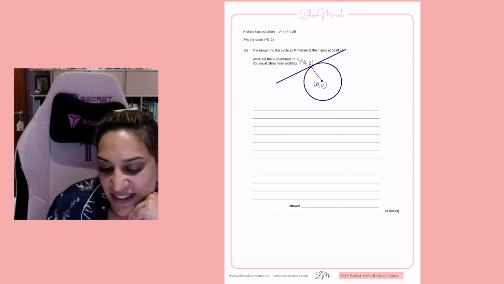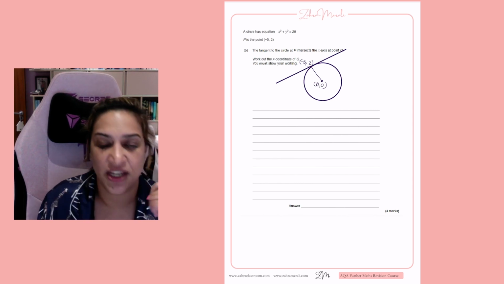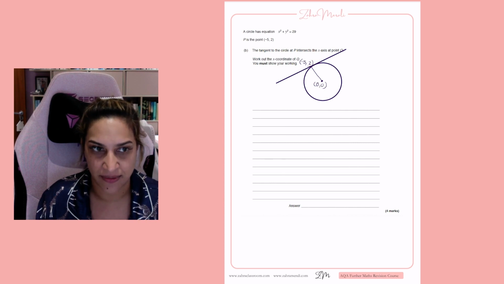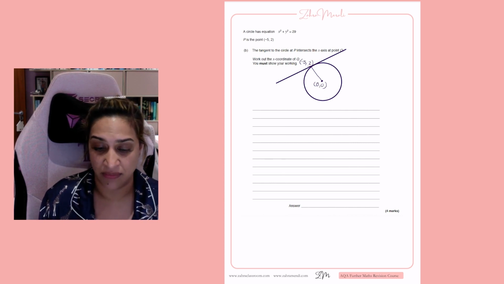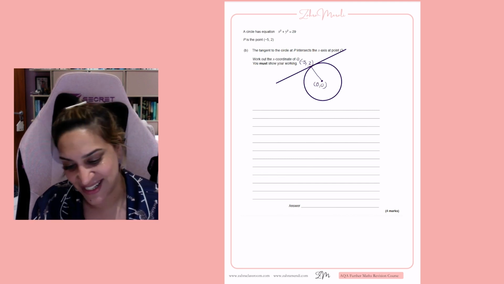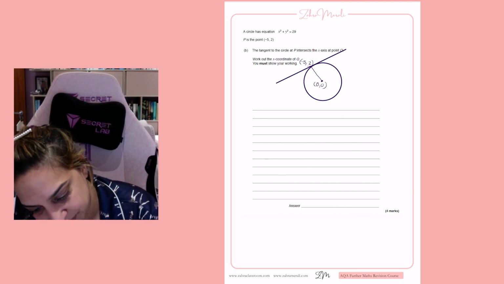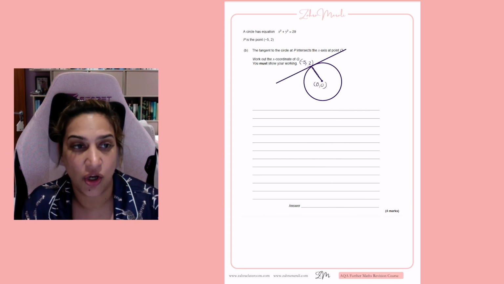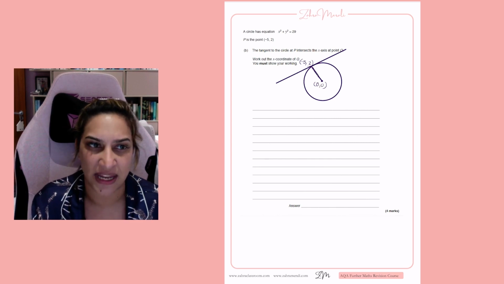We want to find the equation of the tangent to be able to find where it meets the axes. Step 1, we're going to find a gradient. So we're going to find the gradient of this line here to start with. So we've got our change in y over our change in x.